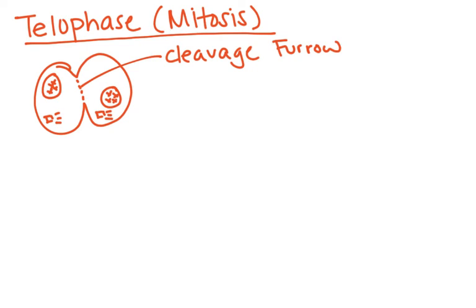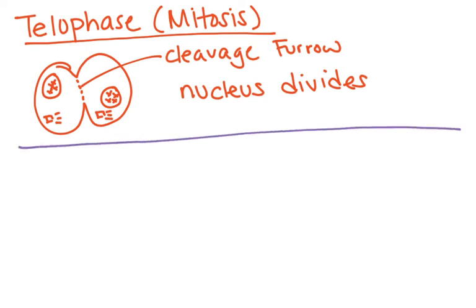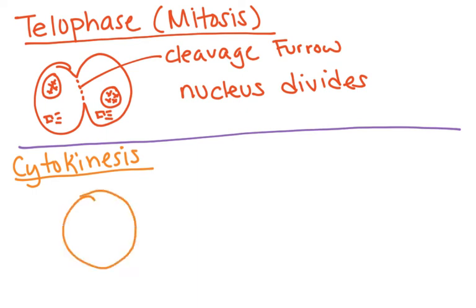So in telophase, though, the nucleus divides, because that's essentially what telophase means. The nucleus divides. So this is the end of mitosis. Now the last phase is called cytokinesis. Now cytokinesis is not part of mitosis, it's part of the cell cycle, and it's the last step. So what happens in cytokinesis is that the cell's going to completely divide.